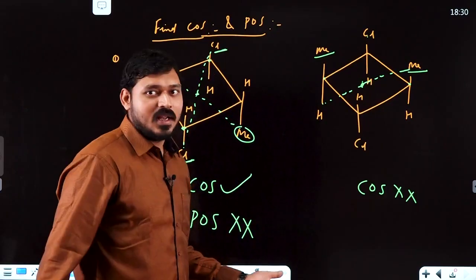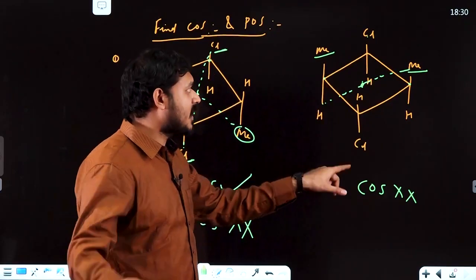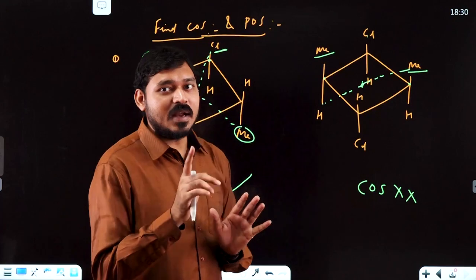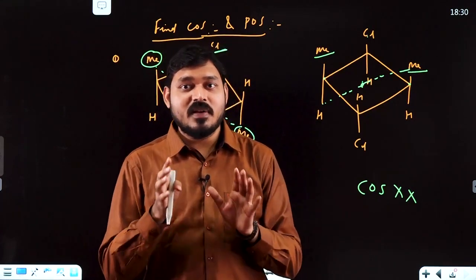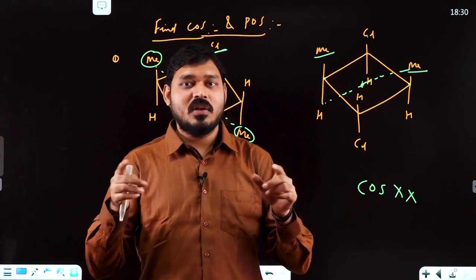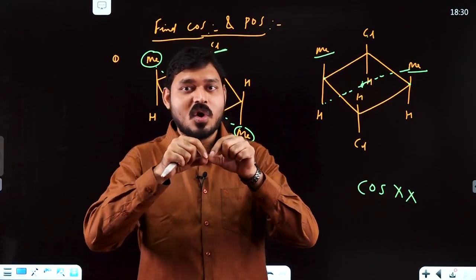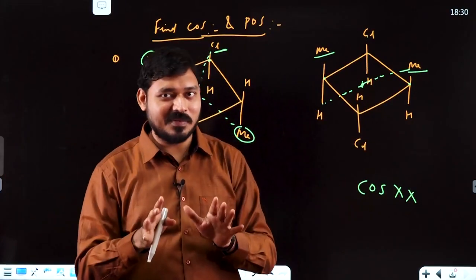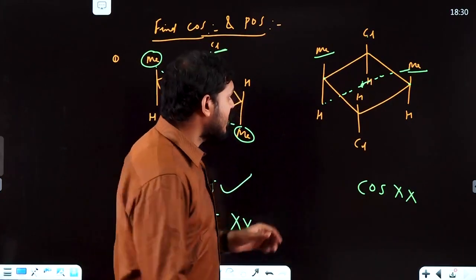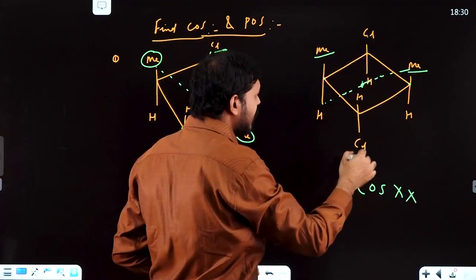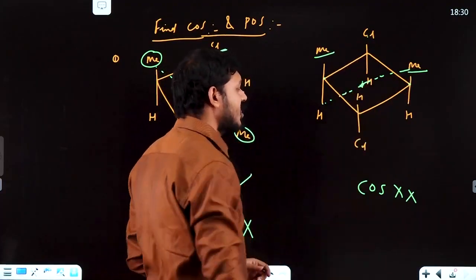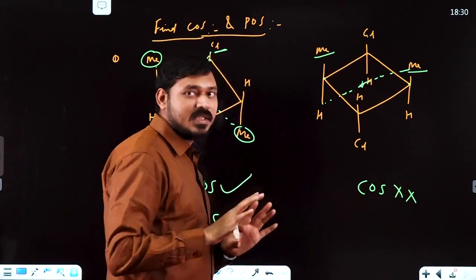So I may say that it is having COS with respect to chlorine. But as I have told, with respect to the definition, every atom must be equal. When we move, considering all the parts, it will be same, then it will be COS. So here with respect to this Cl it is COS, but with respect to methyl it is not COS. So simply it is not having COS.